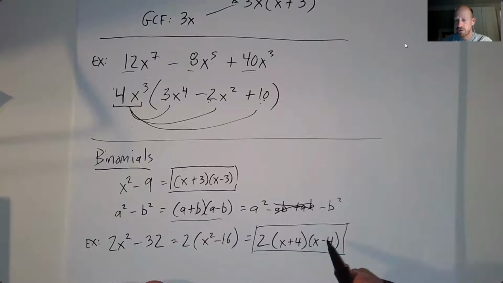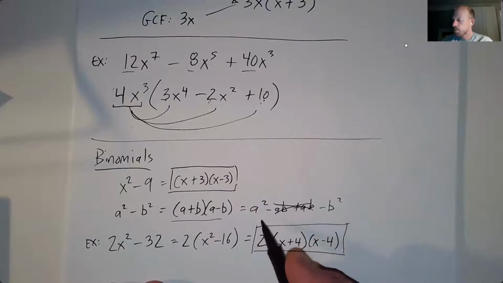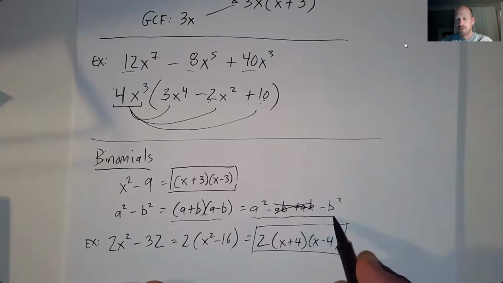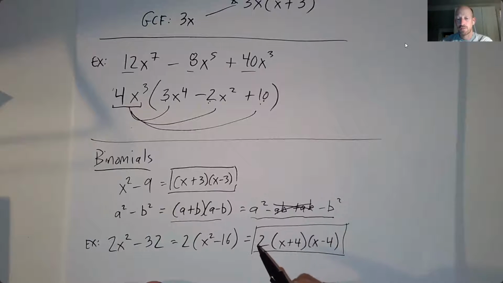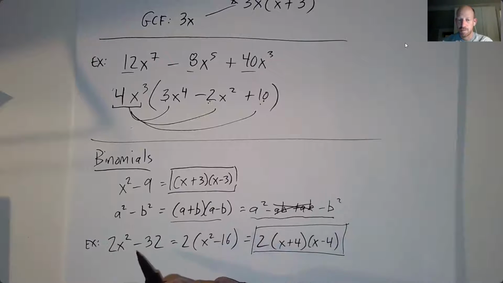So if I FOIL these two together, the same pattern is going to happen as with right here. The middle terms are going to cancel. And I'll end up with x squared minus 16. And then I can multiply it by the 2 to get me back what I started.